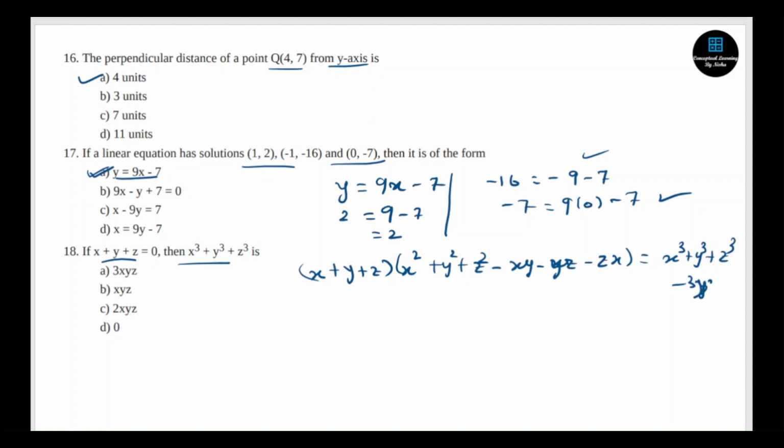Remember this? So this is 0, so this whole thing is 0 and you can say that x cube plus y cube plus z cube equals 3xyz, right? This is the identity. Directly you can write this, okay? Alright.